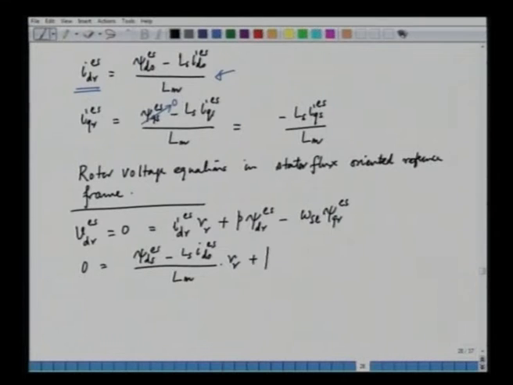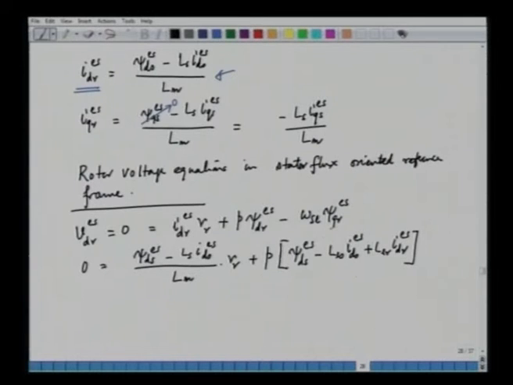Psi dr we can express in terms of psi ds: psi ds ES minus LLS IDS ES plus LLR IDR ES.